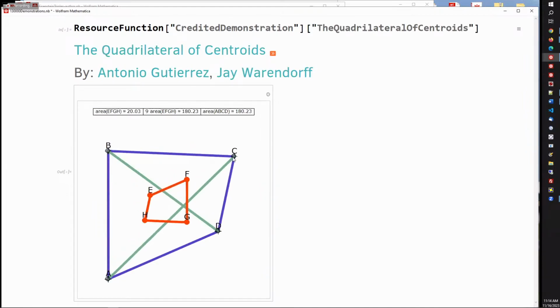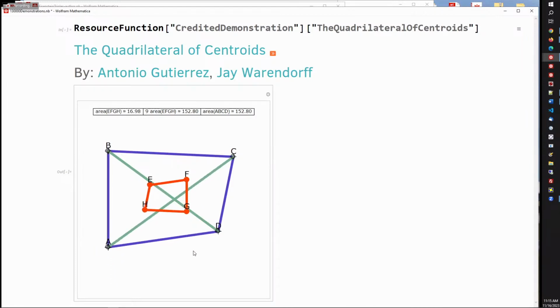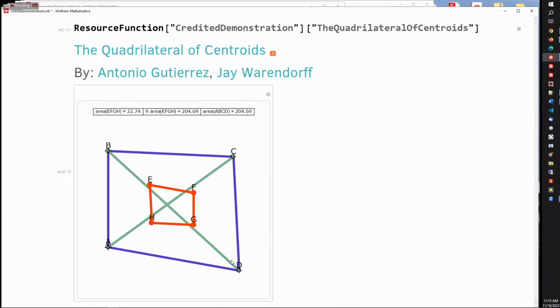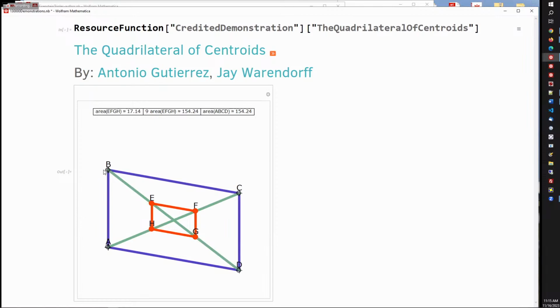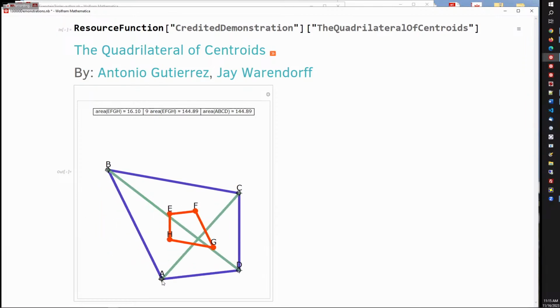Here's another geometry item. If you divide a quadrilateral up by the diagonals, and then take the centroids of each of the four triangles, you'll get a quadrilateral at the center. And this quadrilateral has an area of 1/9 the area of the original quadrilateral.